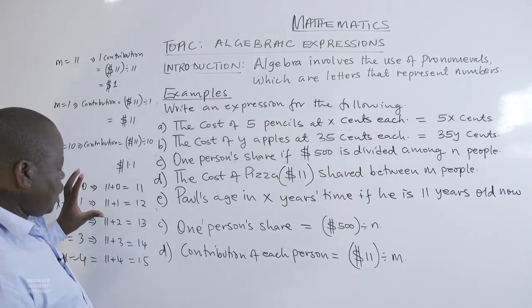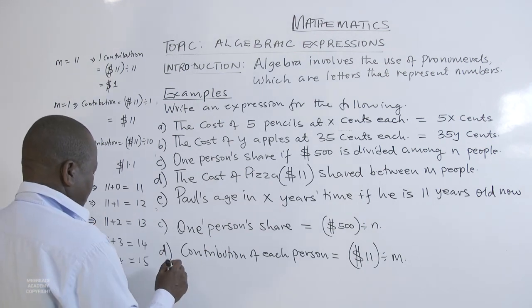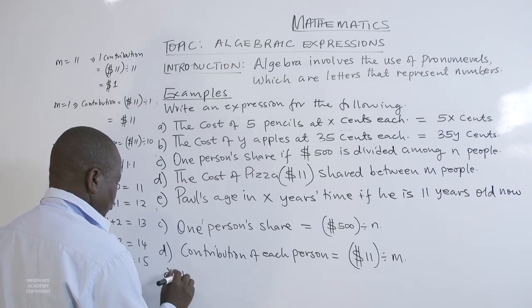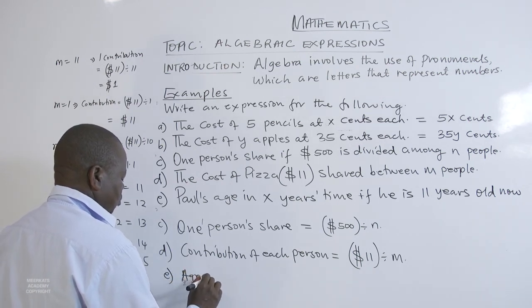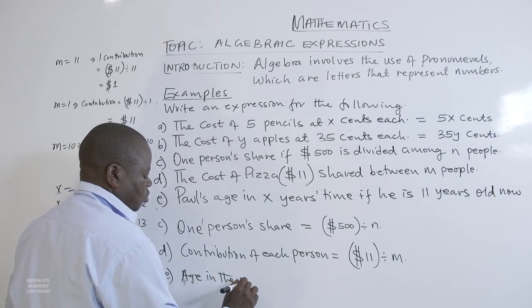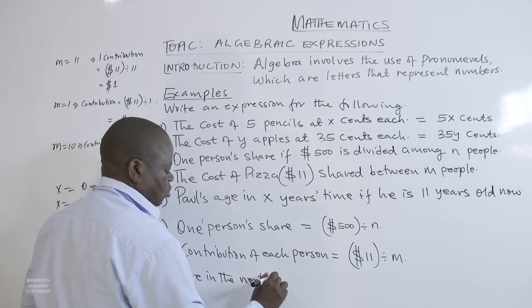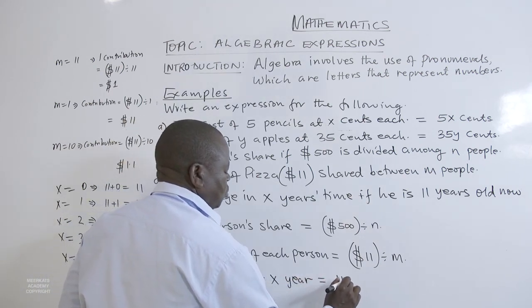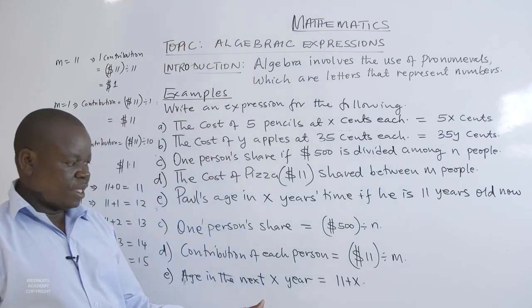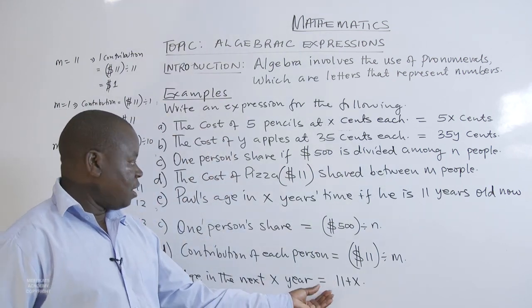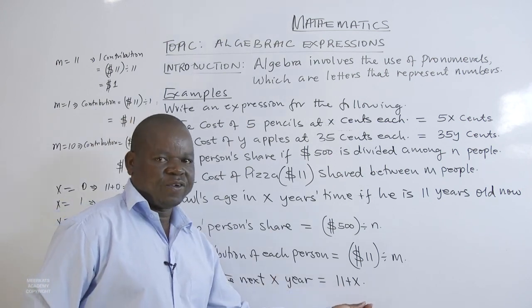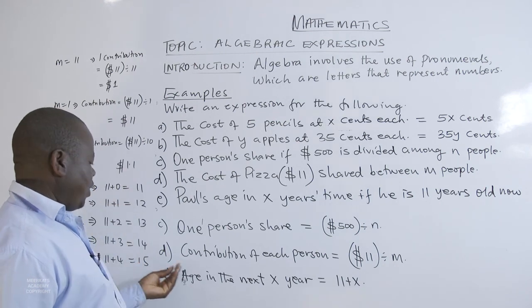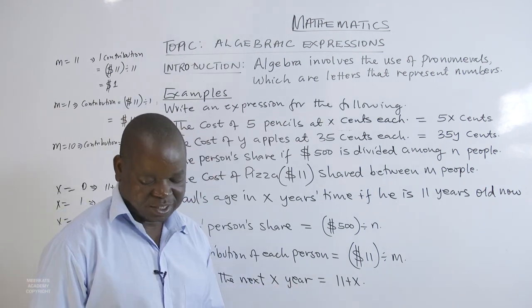So in the next X years, class, Paul's age will be X plus 11, and we have said that this X can be any number, and therefore we add it to his present age to get his next age.